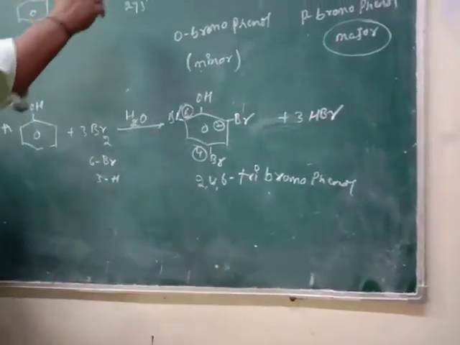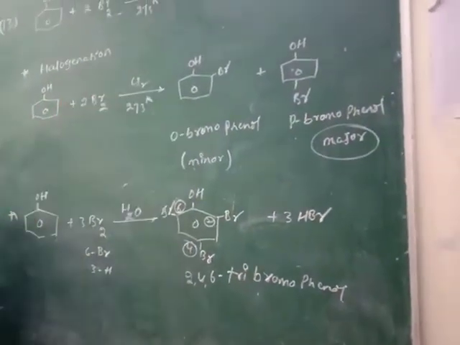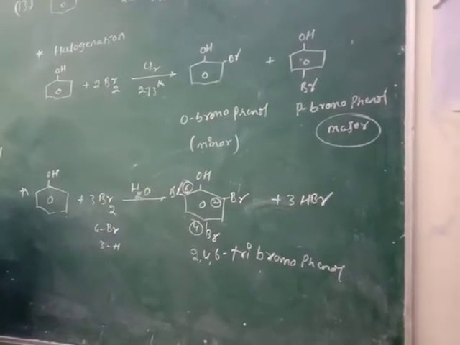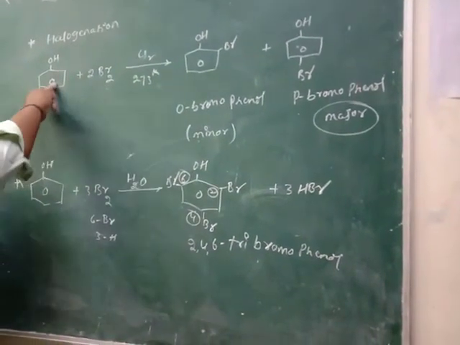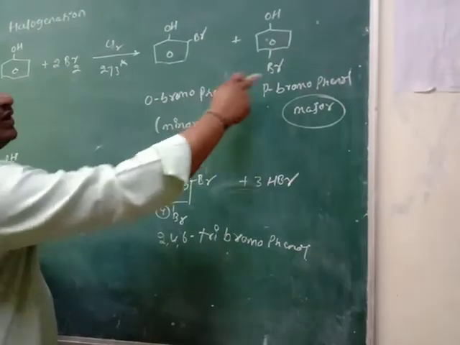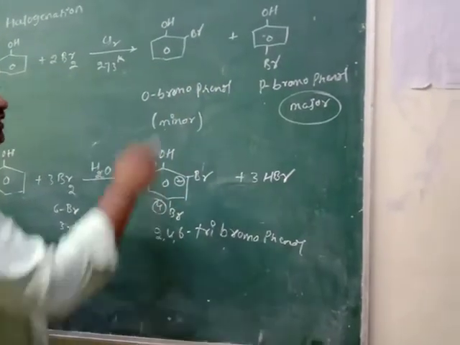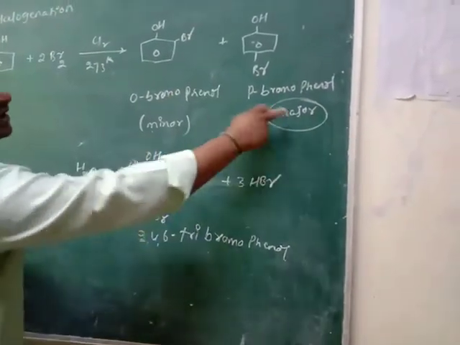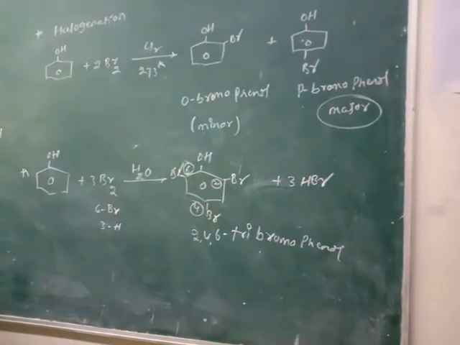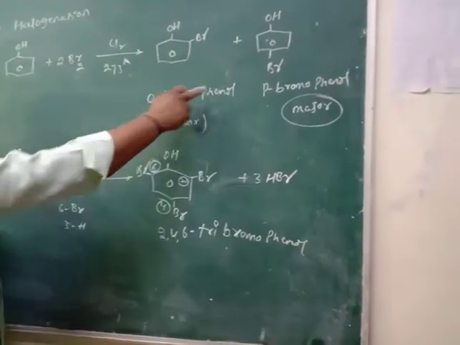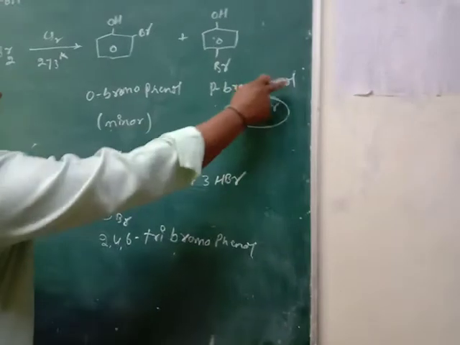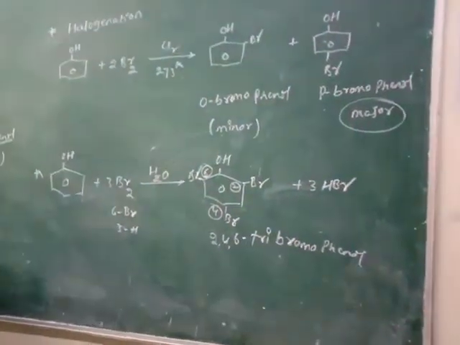But under the condition of 273 Kelvin and carbon bisulfide, bromine reacting with phenol gives orthobromophenol and para-bromophenol. Orthobromophenol is the minor compound, para-bromophenol is the major component.